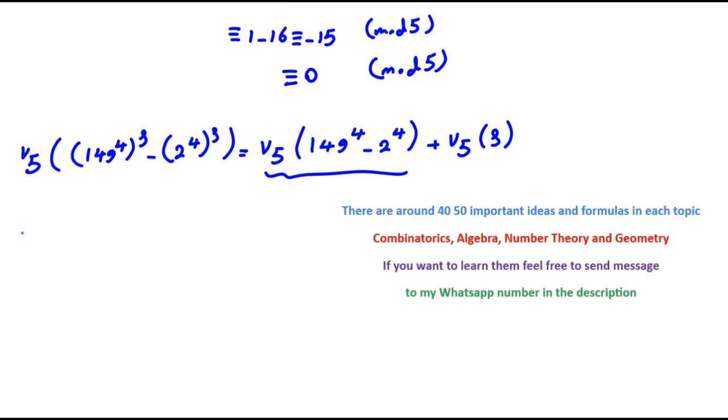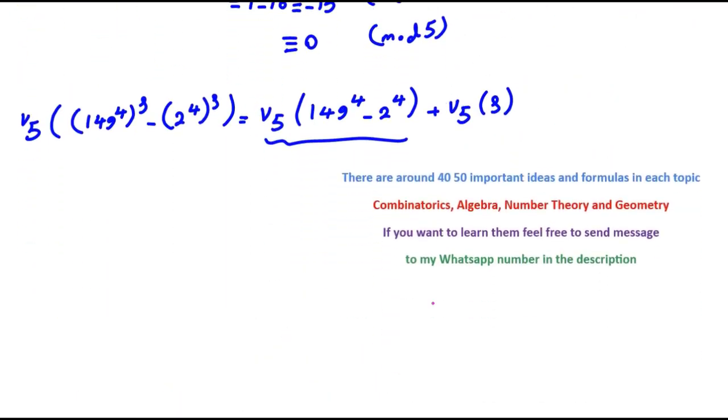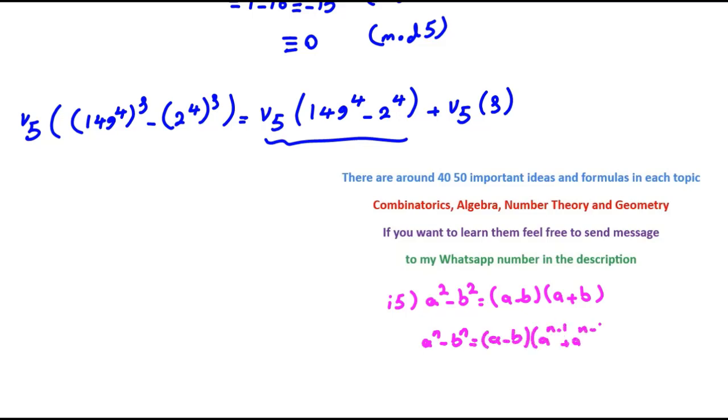Okay, let's focus on 149 to the 4 minus 2 to the 4. So here we use identity 4, or idea 5. We can use a squared minus b squared, which is a minus b times a plus b. Also, the general form is a to the n minus b to the n, which is a minus b times a to the n minus 1 plus a to the n minus 2 b, and so on. You increase powers of a by 1 and decrease powers of b by 1, and the last one will be b to the n minus 1.